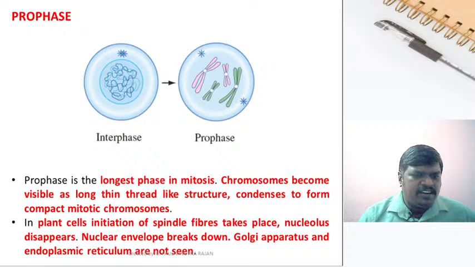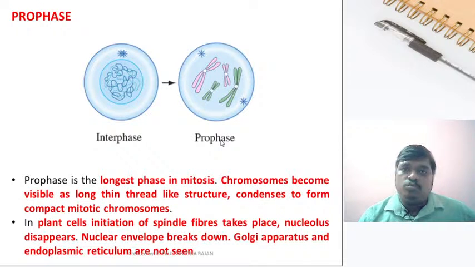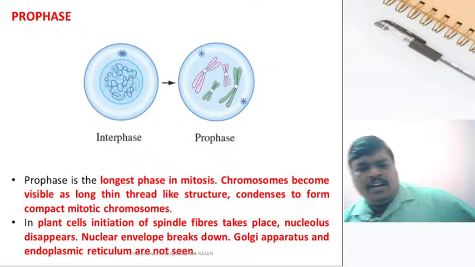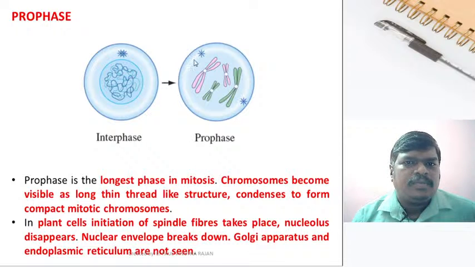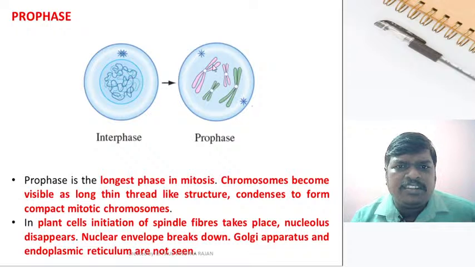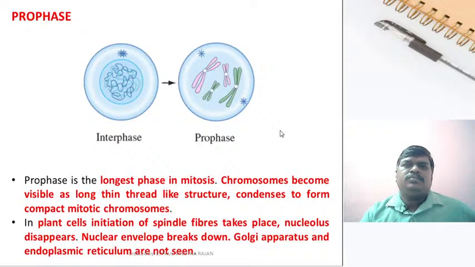First point, write it: the chromatin threads condense and become chromosomes. That is what is happening in the first phase. Next, the centrioles divide and move towards the poles. The nucleolus and nuclear membrane disappear.